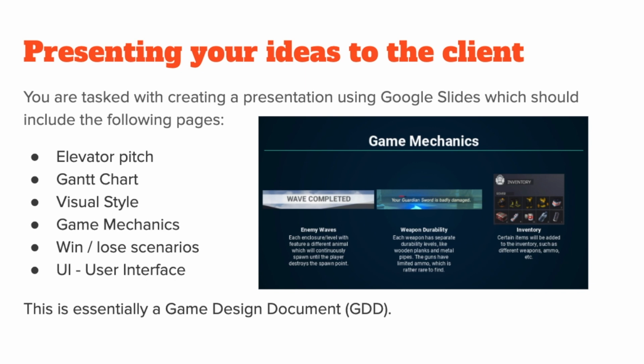Visual style, so obviously you're going to be using the 2D Game Kit's visual style. Game mechanics, which is going to be things like how your character moves and shoots, how they win, lose, you know, how they die, how they come back. And also a bit of UI, user interface. So in this case you have a health indicator in the top left. I mean, this will essentially function as your game design document, or GDD.